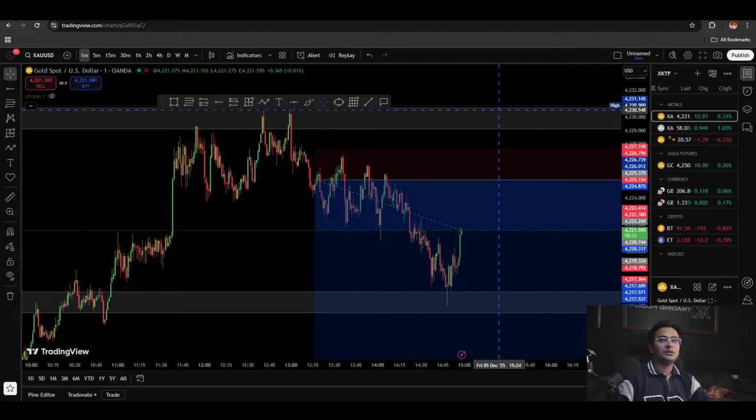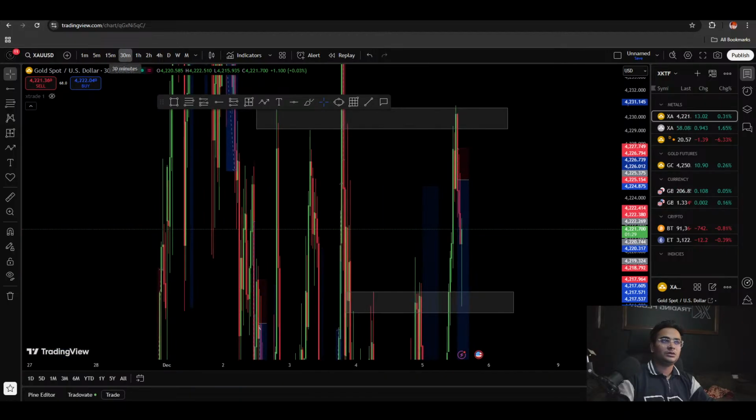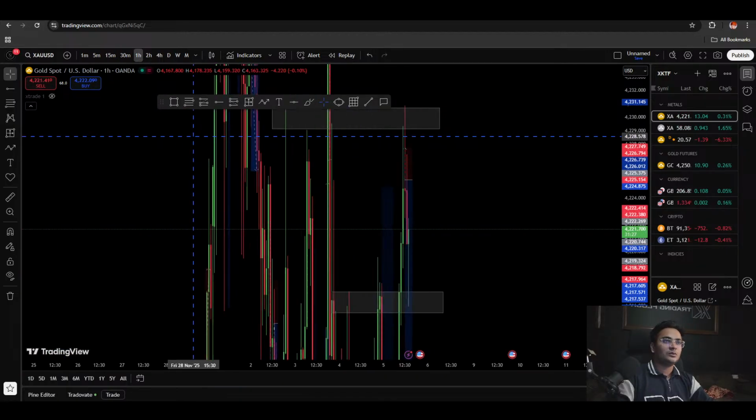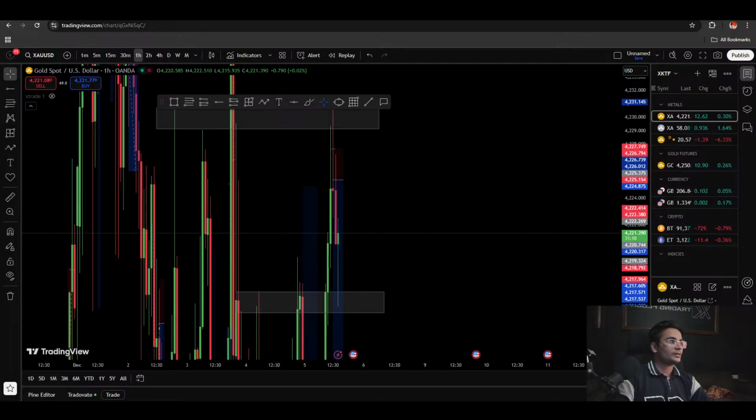Okay. Now, if we are flipping bullish on 15-minute, 30-minute, and I think 1 hour as well, I'm gonna close everything here. I don't know if this will stay bullish or not, but I want to close things there.